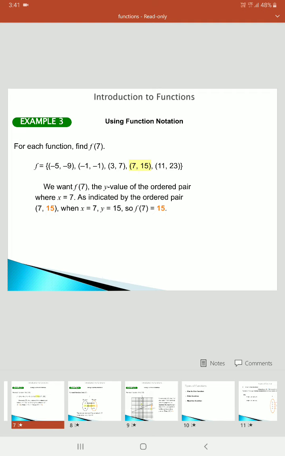Example 3. For each function, find f(7). We want f(7), the y value of the ordered pair where x equals 7, as indicated by the ordered pair (7, 15), where x equals 7, y equals 15, so f(7) equals 15.